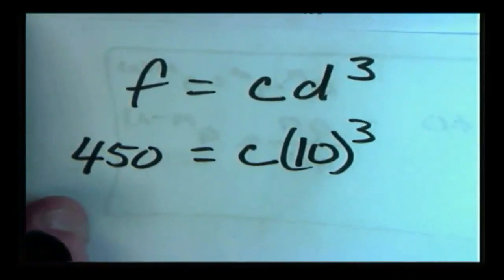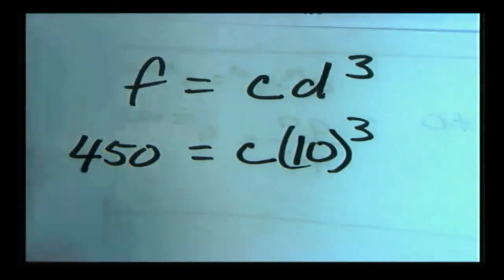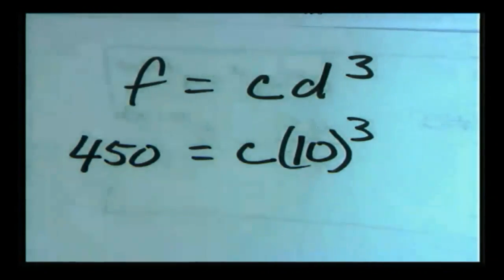And now I'm left with just one variable in this problem. Sorry about that. f is equal to cd cubed, f is equal to 450, d is equal to 10. So now I've replaced my f and my d with actual numerical values. From here I will use my calculator to help solve.